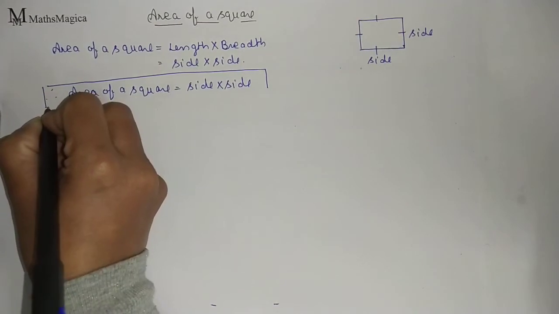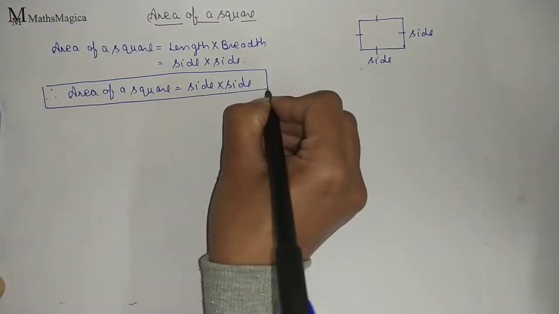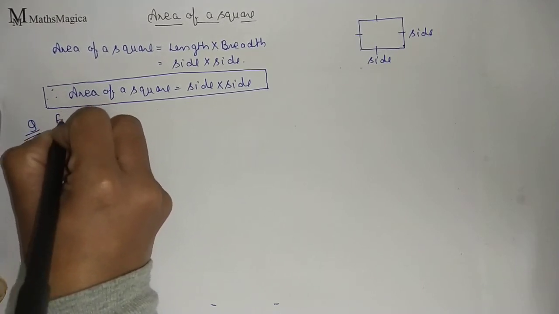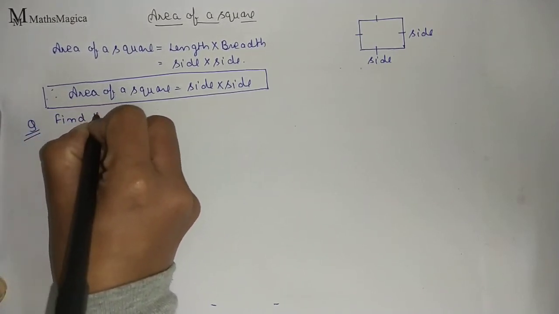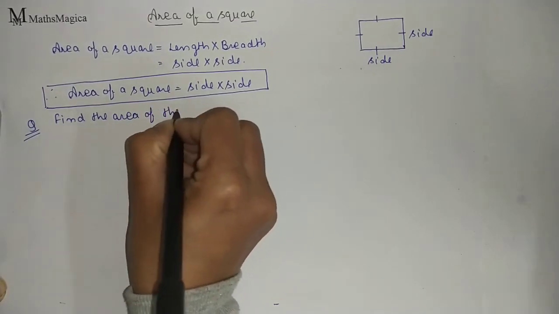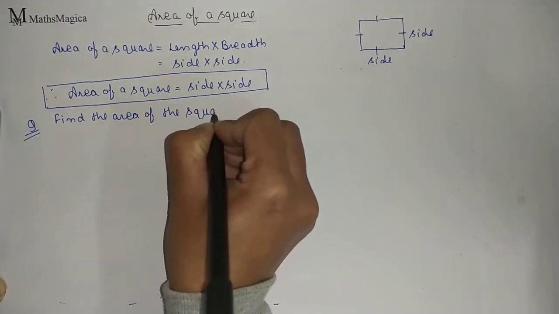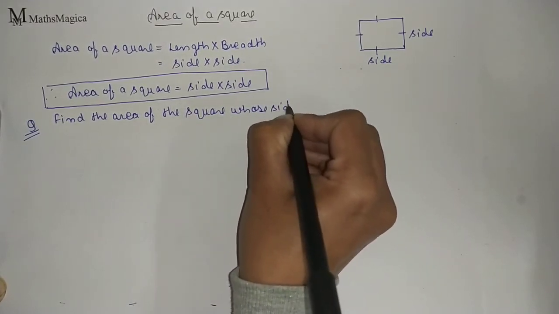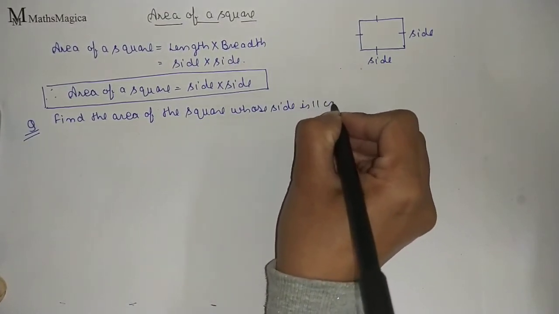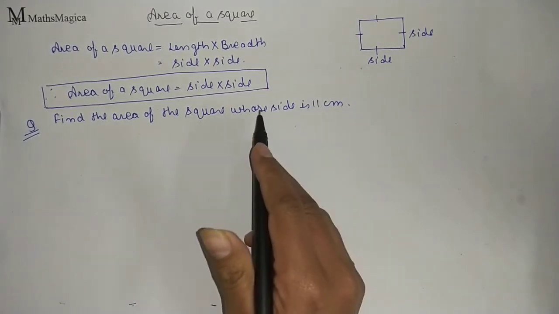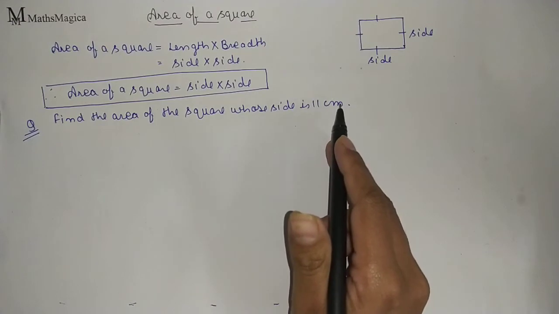Now the question of area of square is, find the area of the square whose side is 11 centimeter.